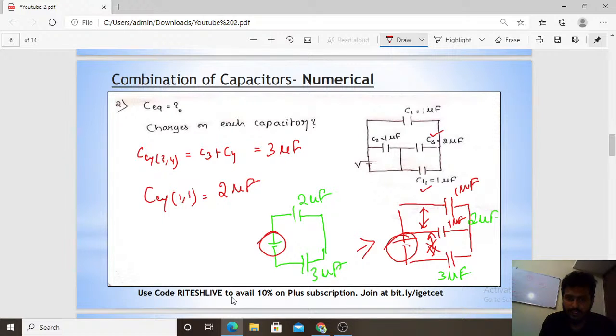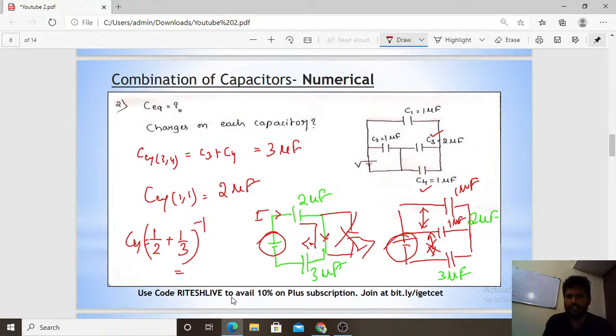So I can tell you the current will flow in such a way that it is a single path. Okay, so in between there are no other capacitors, right? So I can tell it is a series capacitor. So C equivalent is equal to (1 by 2 plus 1 by 3) whole inverse, you know the formula, right? What is the C equivalent value? Anyone?